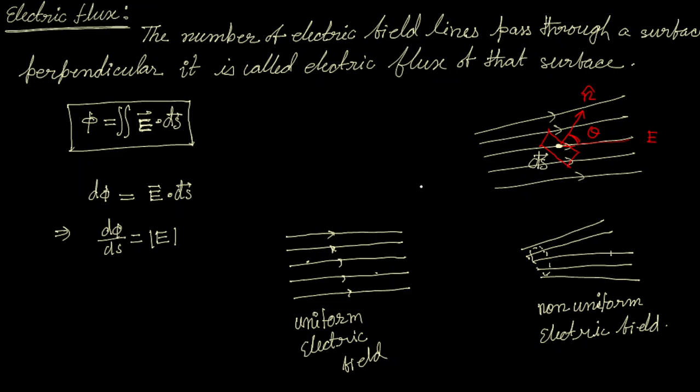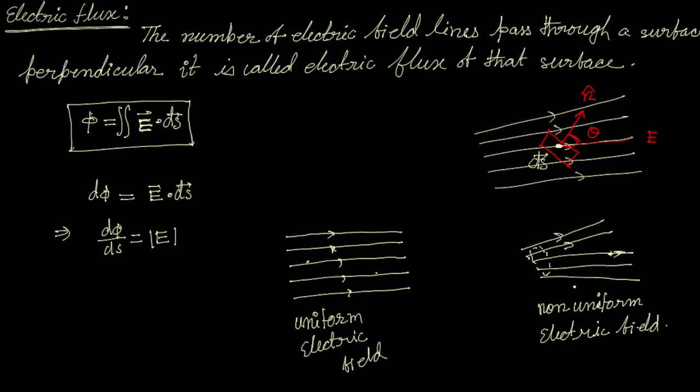So in this case you can see here, at this point the electric field is along this direction, but here the electric field is along this direction. So at different points the electric field direction may be different, or the magnitude could also be different. So this type of electric field is called a non-uniform electric field.